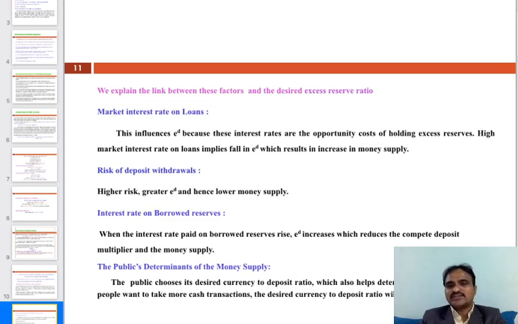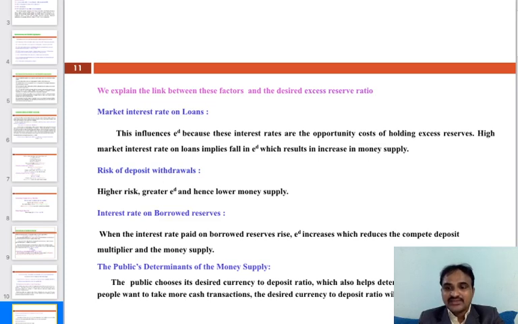Next, the public as a determinant of the money supply. The public chooses the desired currency to deposit ratio, which also helps to determine the money supply. If people want to make more cash transactions, the desired currency to deposit ratio will increase.